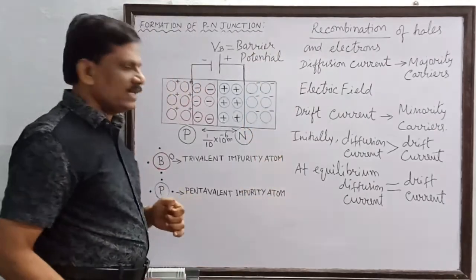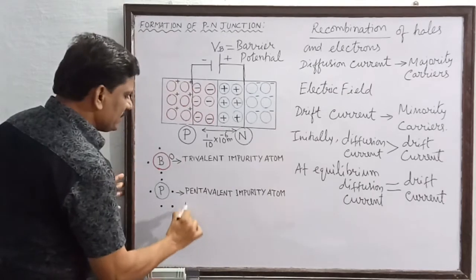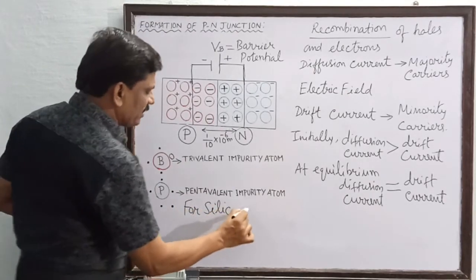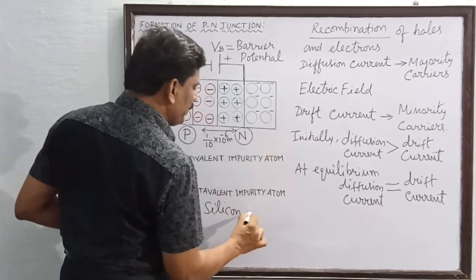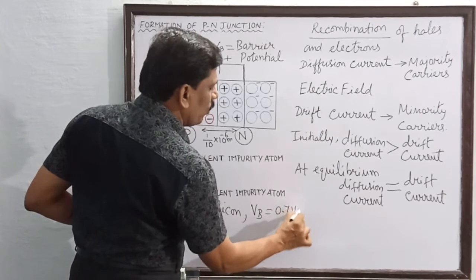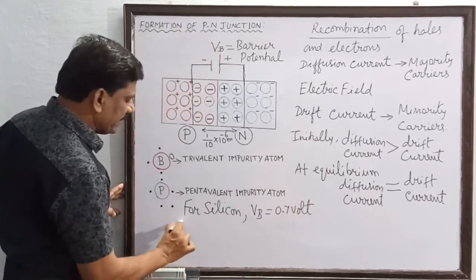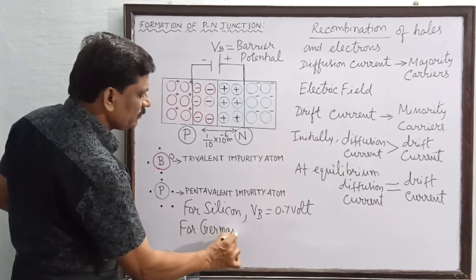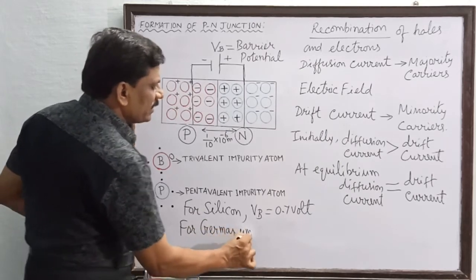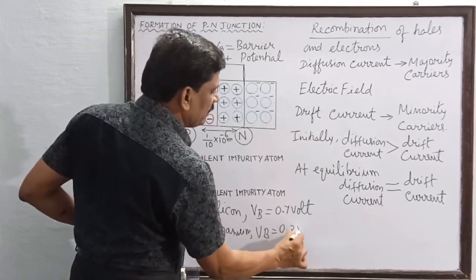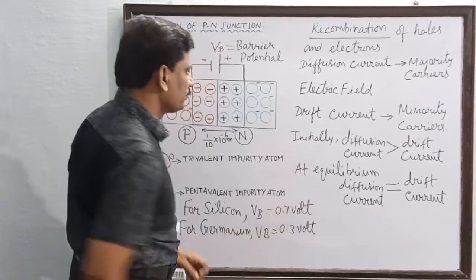For a silicon p-n junction, this VB is equal to 0.7 volt, and for germanium, this value of VB is equal to 0.3 volt.